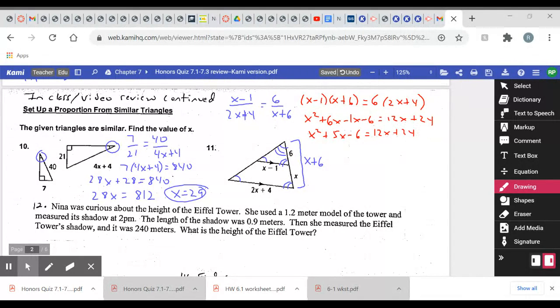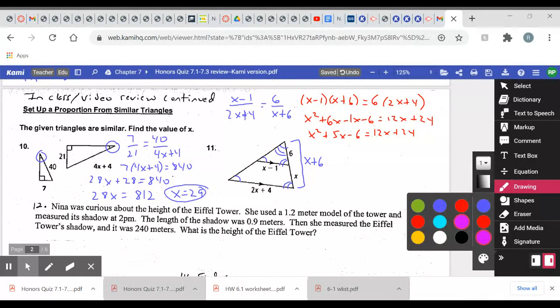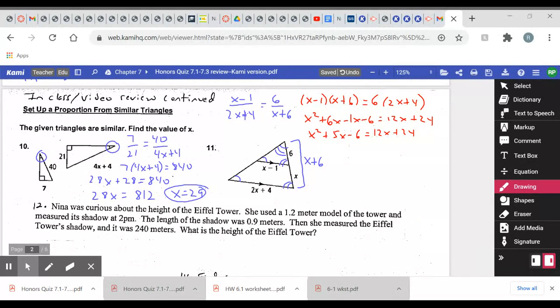Okay, now because I see that x squared and that x, that's my clue that I need to get everything to one side of the equal sign so that I can factor and solve. So I'm going to subtract 12x from both sides, and I'm going to subtract 24 from both sides. So when I do that, I end up with x squared minus 7x minus 30 equals 0.